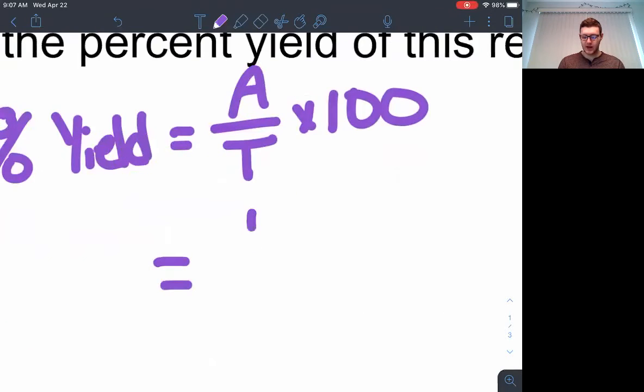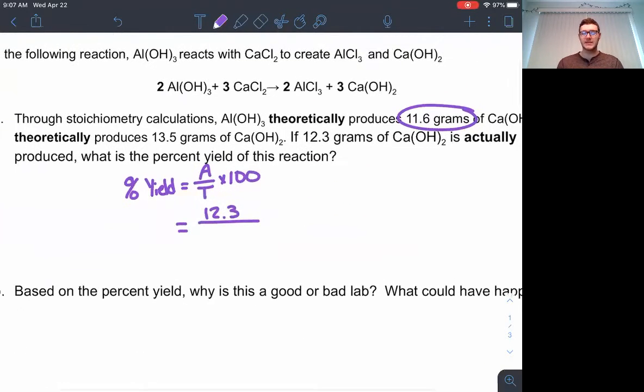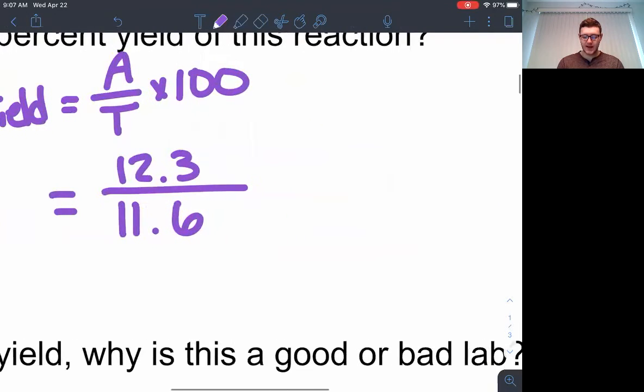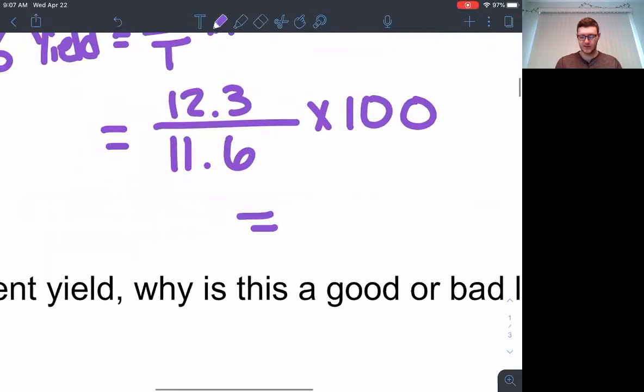So this is going to be 12.3 divided by our theoretical yield, which is 11.6, because that was the least amount that we could make with our reactants. And we're going to multiply this value times 100 to calculate our percent yield. So our percent yield is 12.3 divided by 11.6, and then we multiply by 100, and we should get 106%.